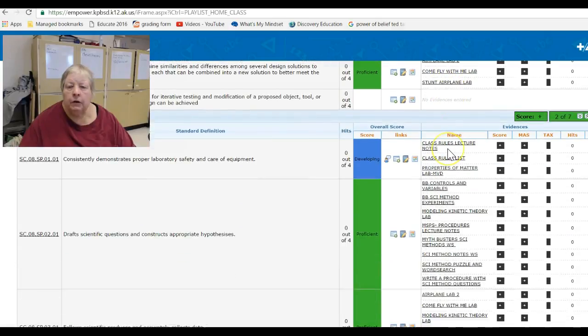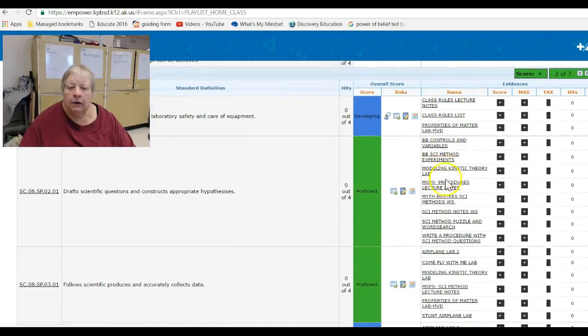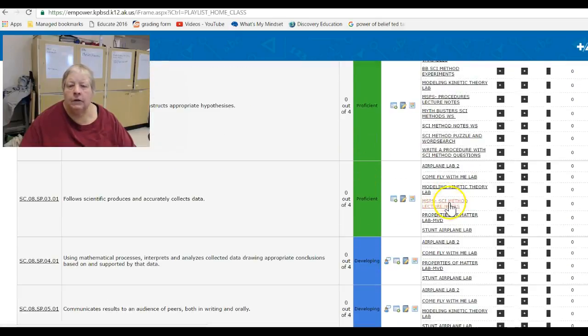We go down farther and we look in this area. A lot of this work was done in the toolkit. And so this student has all pluses here, has completed all these assignments at a proficient level, and therefore has earned this standard. And down here, same thing, the student has made sufficient progress to earn a standard.